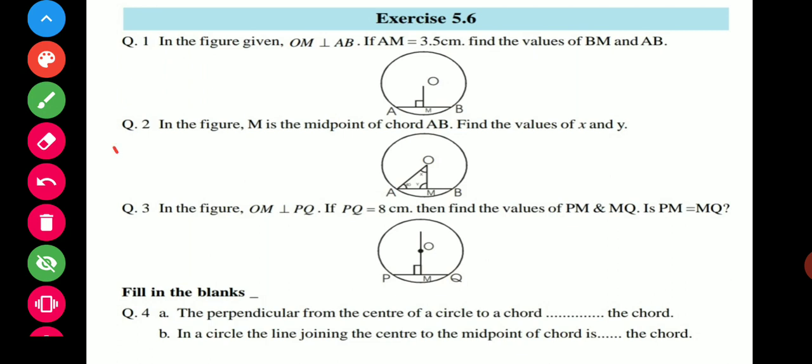Now come to the second question. The figure is the same. M is the midpoint of chord AB. Find the value of X and Y. What is the value of X and Y?